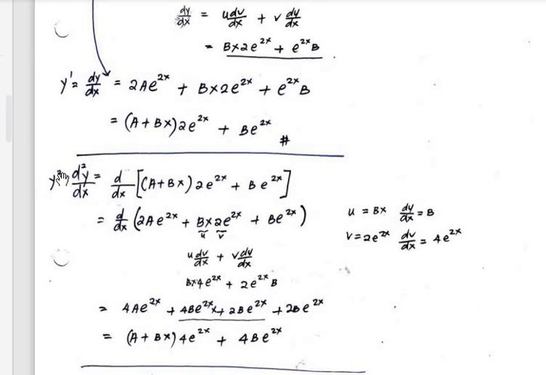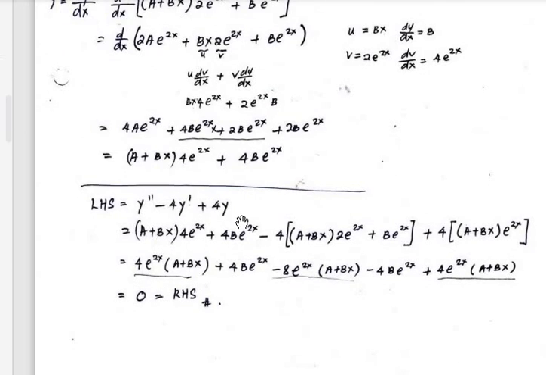And now you have the second order, you have the first order, you can substitute in the equation like I told you just now. So the left hand side should equal the right hand side, right? So you substitute y double prime, this whole thing, minus 4y prime.